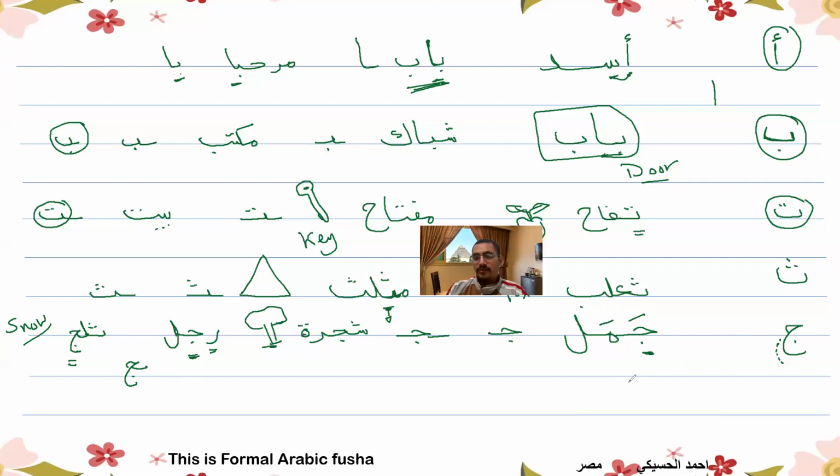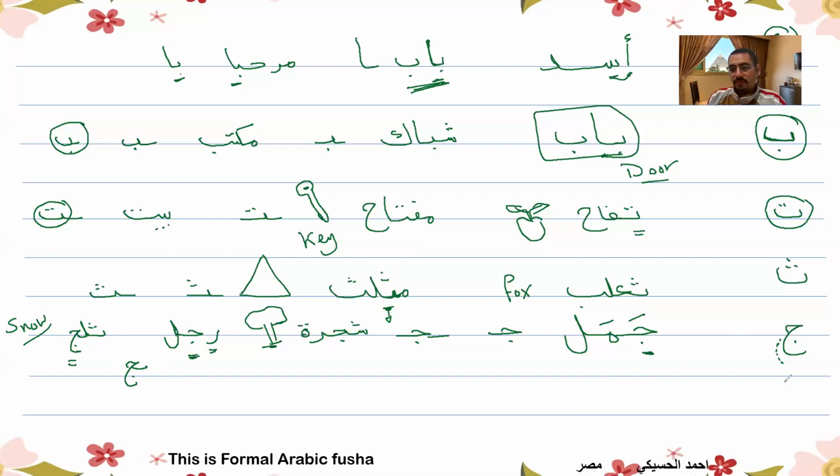Now letter Ha. Ha without dot. حصان. حصان means horse.